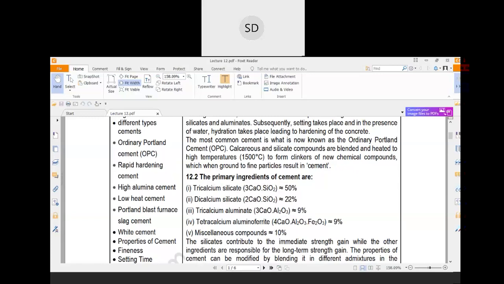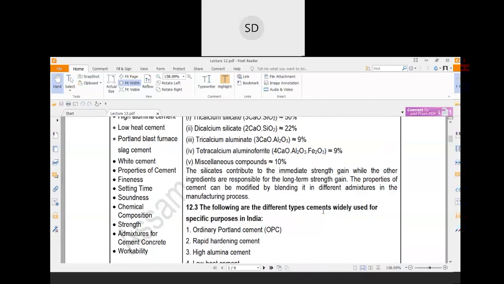Tricalcium silicate is referred to as C3S, dicalcium silicate is C2S, tricalcium aluminate is C3A, and tetracalcium aluminoferrite is C4AF. So these four ingredients constitute the maximum portion of the cement.